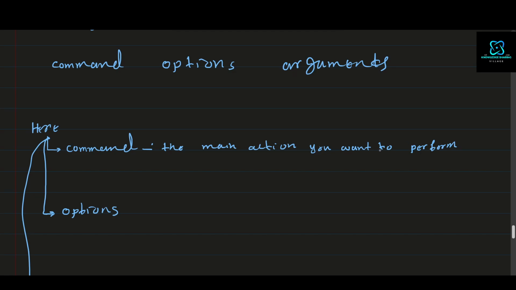For example, because we are talking about the ls command, we want to list the names of the visible files or directories in the current directory in alphabetical order. We just write ls.